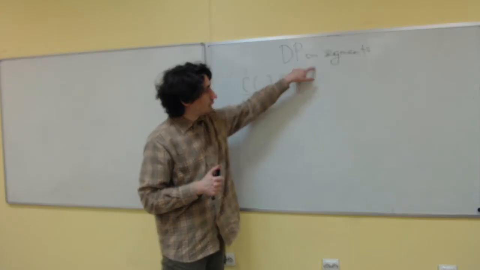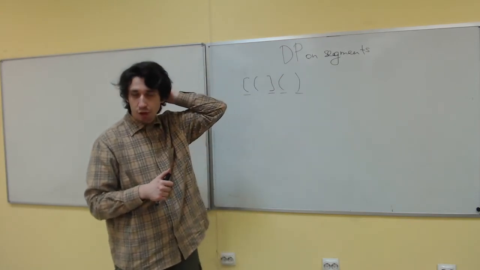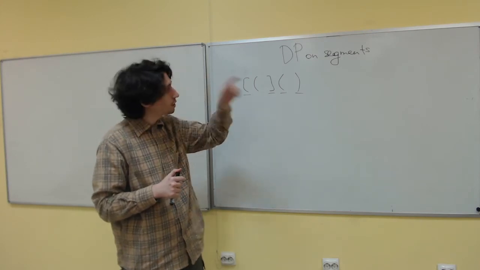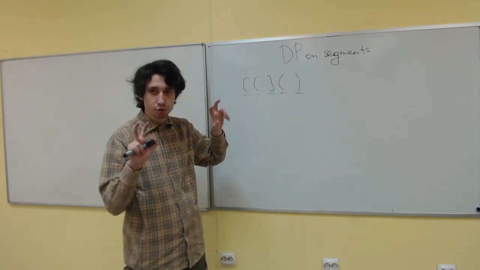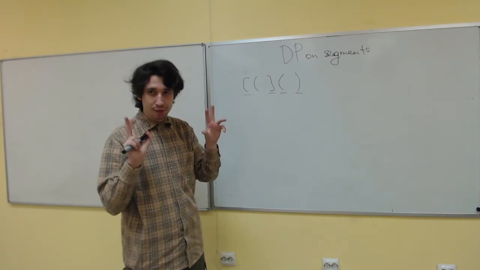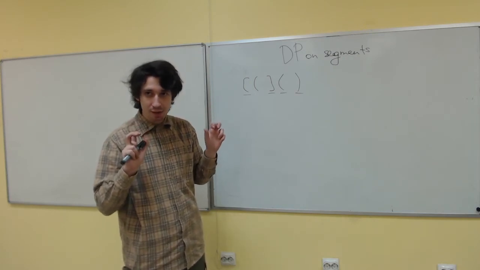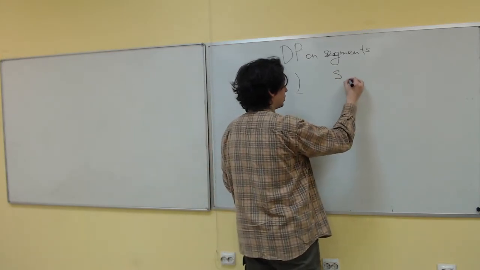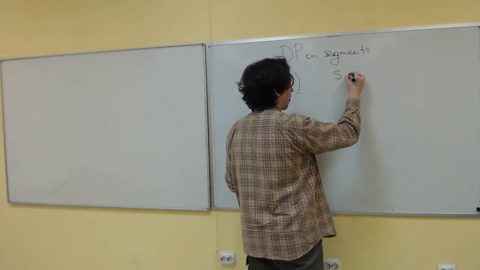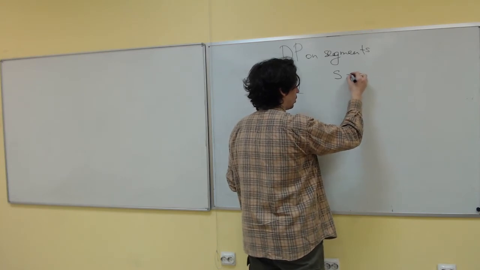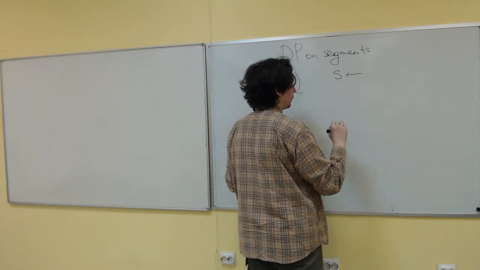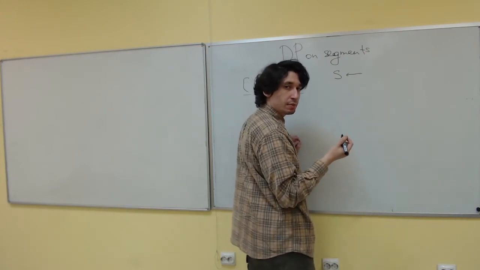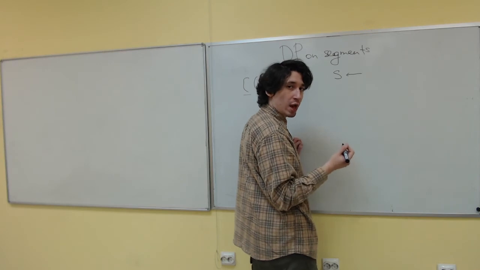Please note that let me give you two hints. At first it is DP on segments. So you should understand that the DP state is the segment. And each correct bracket sequence can be constructed in two ways.